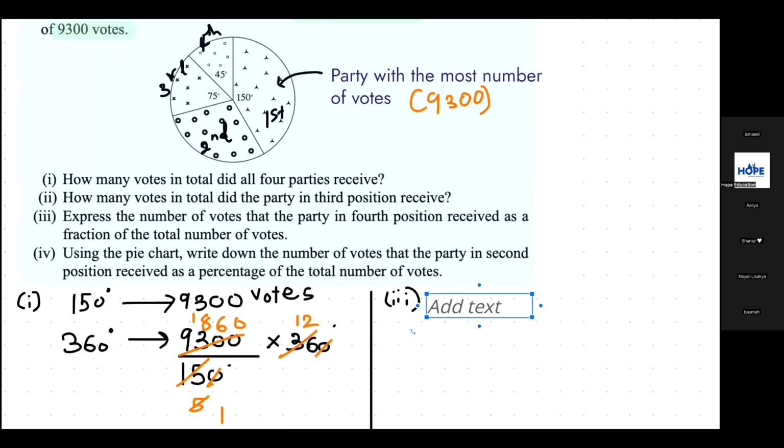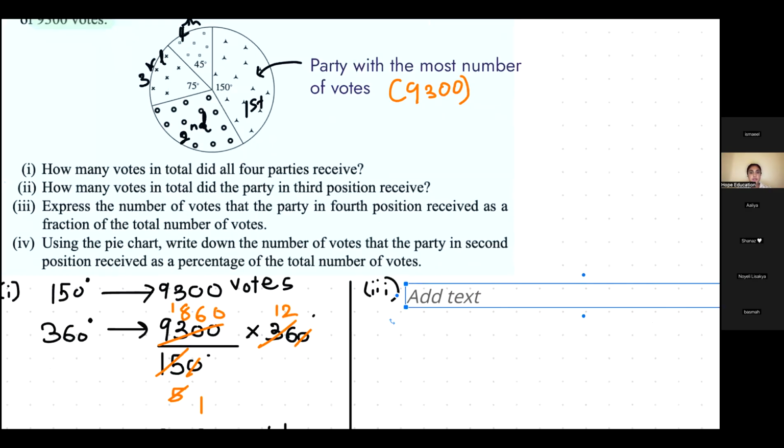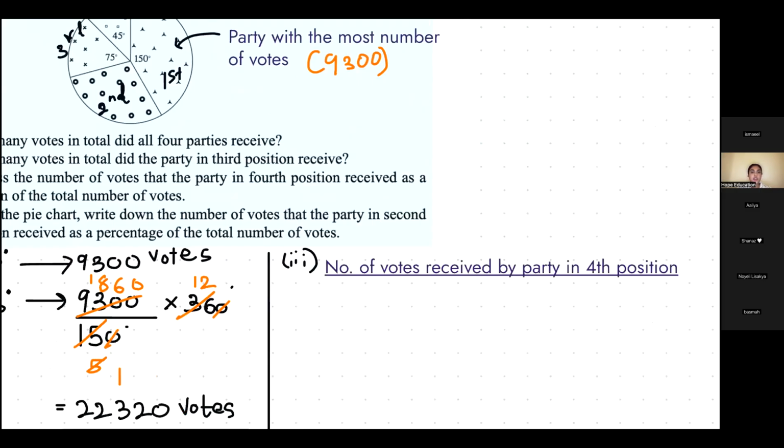When you have to express as a fraction, what you need is the number of votes received by the party in the fourth position divided by the total number of votes, right?